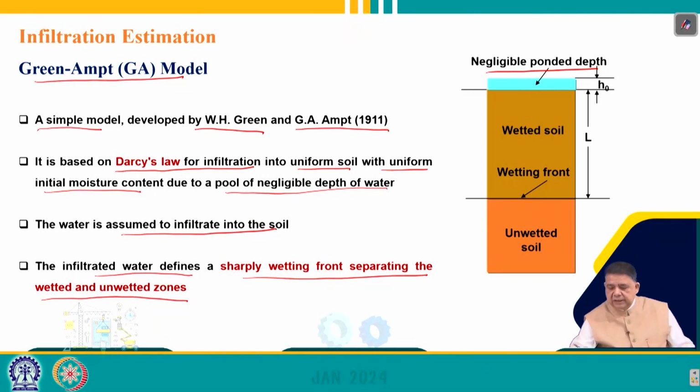The lower boundary is the wetting front. So, if the wetting front has gone to a depth of L, above the wetting front there is wetted soil, and below it there is unwetted or dry soil having the initial moisture content. And the ponding depth is H0, which is negligible.